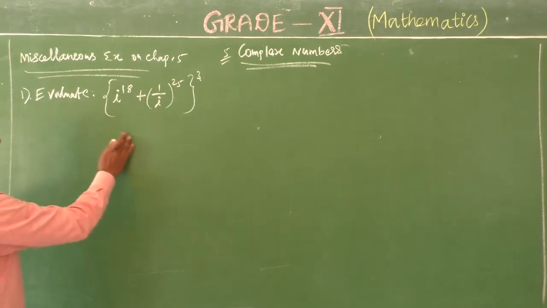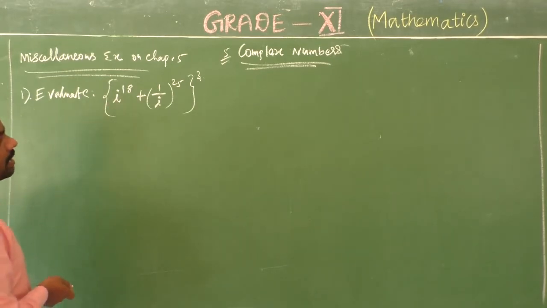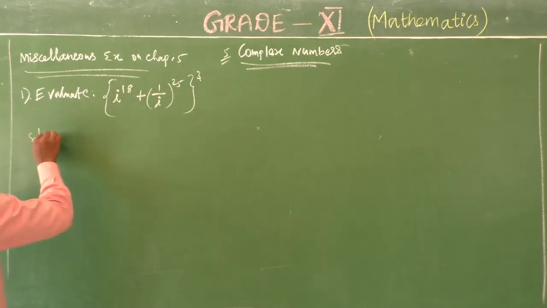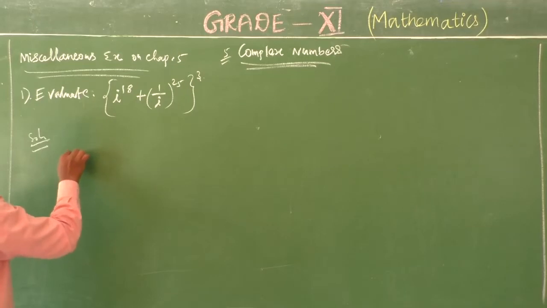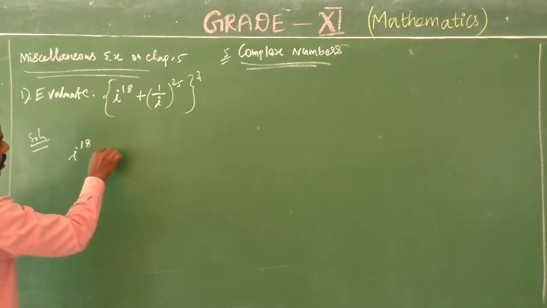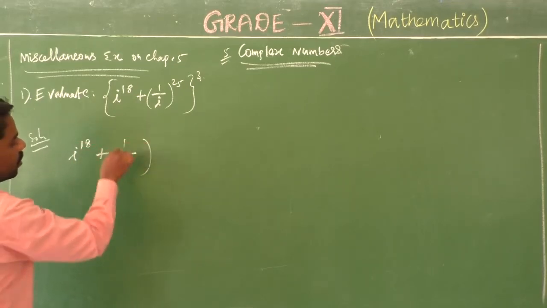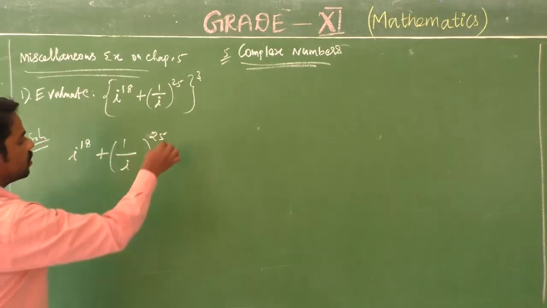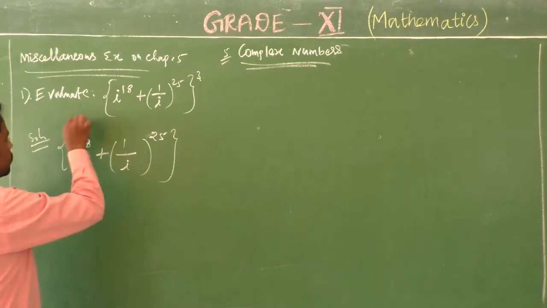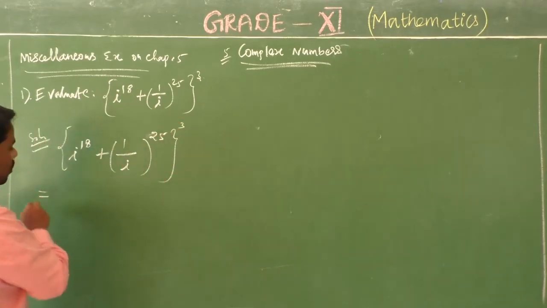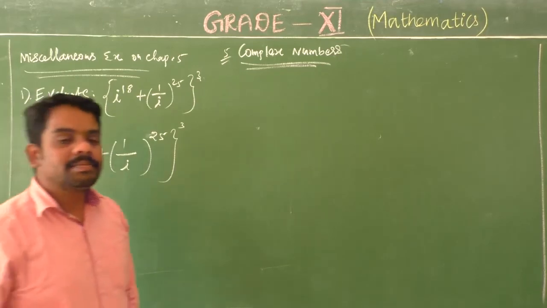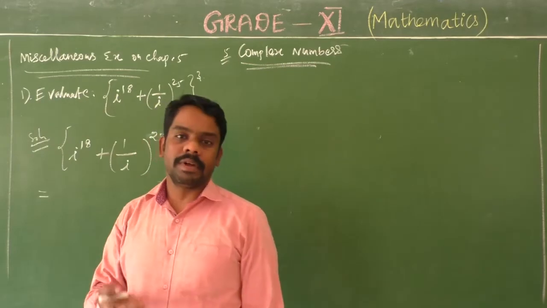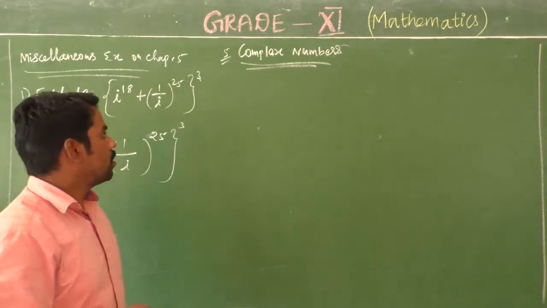First question: the value of i^18 plus 1 by i^25, whole power 3. Solution: (i^18 + 1/i^25)^3. You know the powers of i. i^n is written in the form of a multiple of 4.